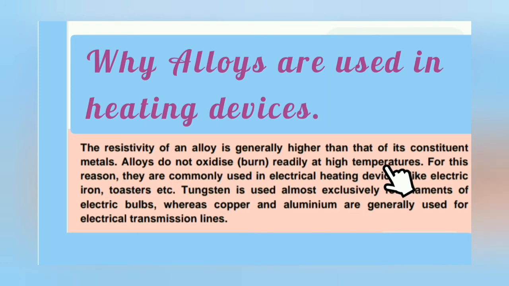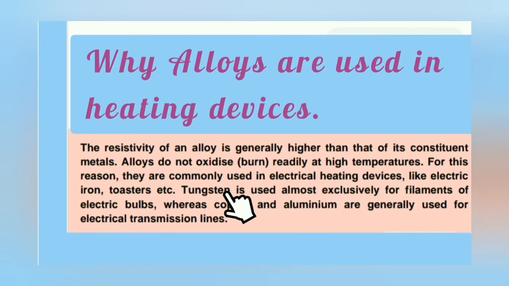You have seen that your electric oven becomes red hot, but it does not melt. If you use copper wire, it will melt within a second. But with alloys it will not melt, because the resistivity is high and it will not be oxidized at a very high temperature.